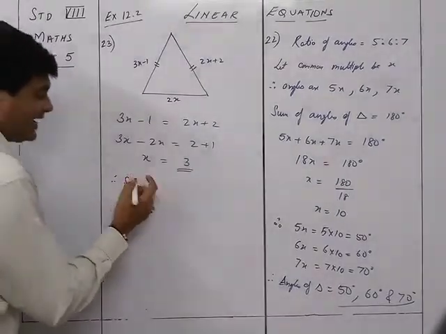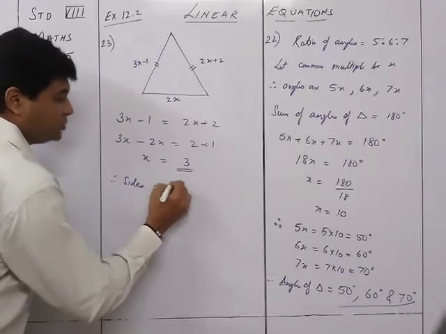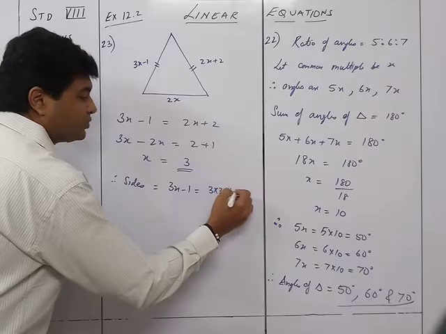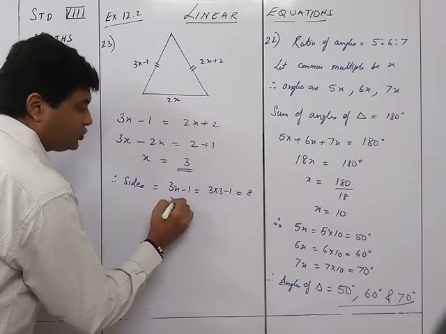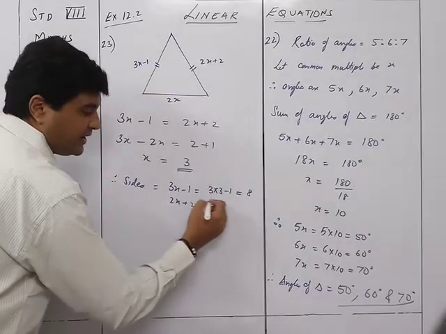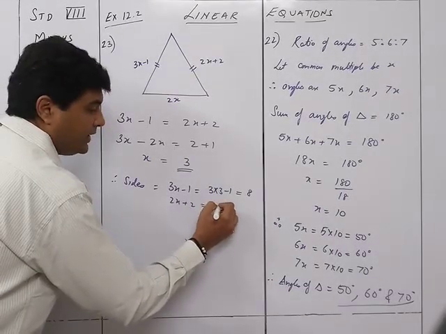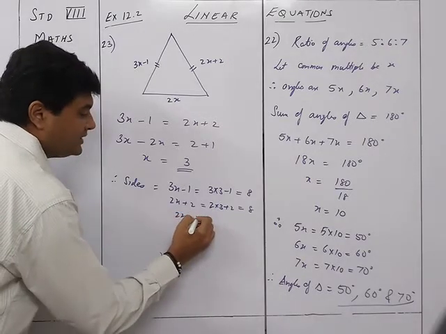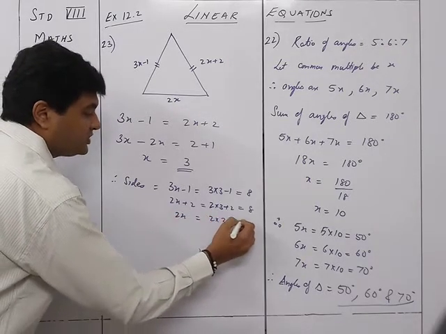So let's find the sides first. Sides: 3x minus 1 is equal to 3 into 3 minus 1 is equal to 8. Of course, 2x plus 2 will also be equal to 8 because they are equal sides. But still we can write it as 2 into 3 plus 2 is equal to 8. And finally, 2x is equal to 2 into 3 is equal to 6.